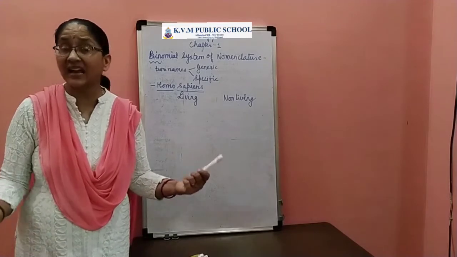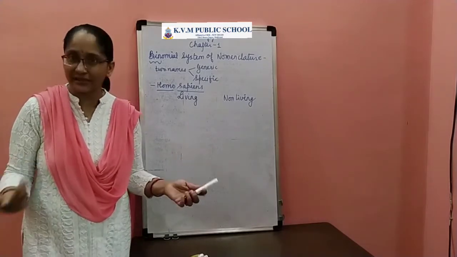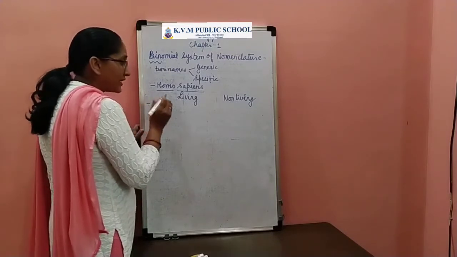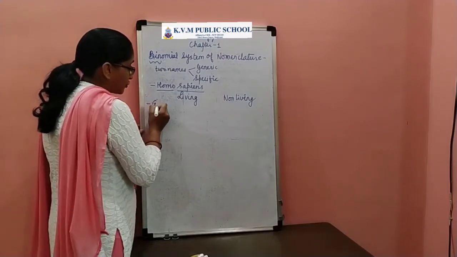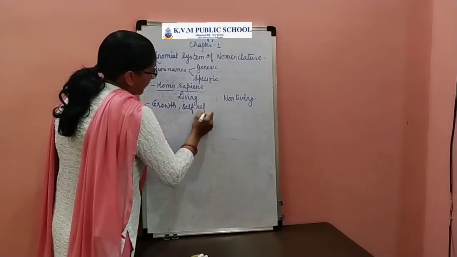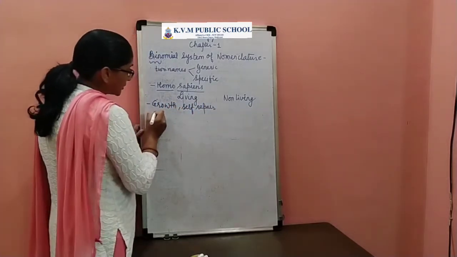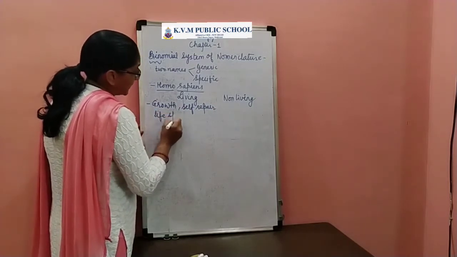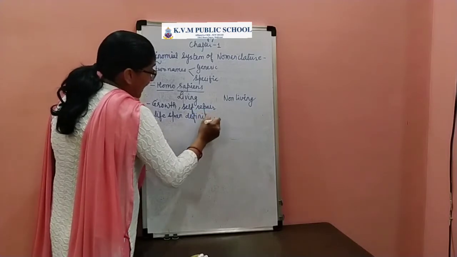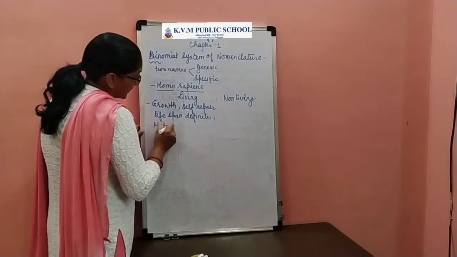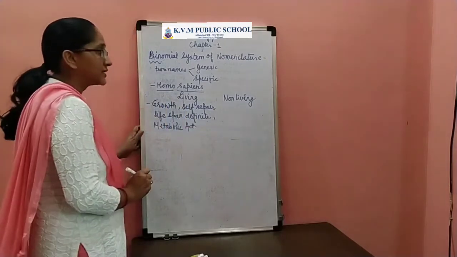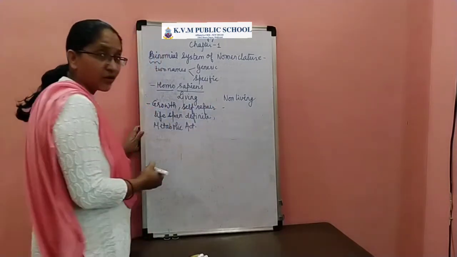So if I try to brief this up, living organisms exhibit growth, they have a capacity to self-repair, they have a definite lifespan, and they carry out various metabolic activities which are lacking in non-living organisms.